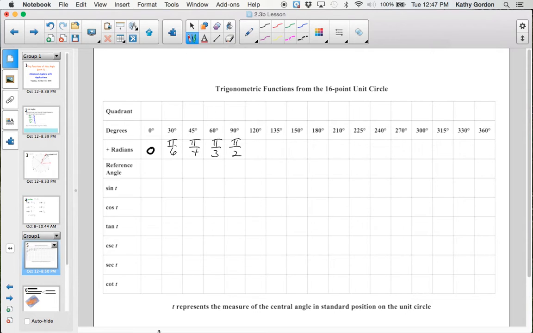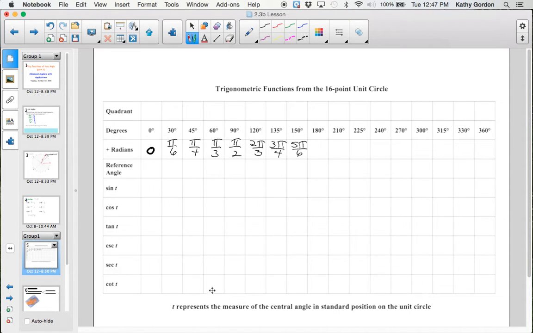All right, let's start filling them in. If you're not quite done, you can fill them in as we go. So 120 degrees, what should that be? 2 pi over 3. Okay, 135 degrees? 3 pi over 4. 150 degrees? 5 pi over 6.